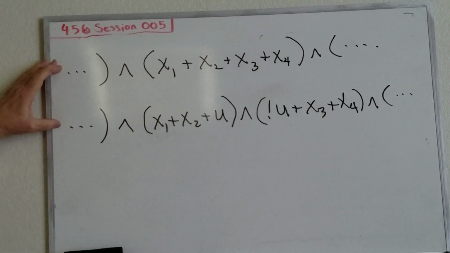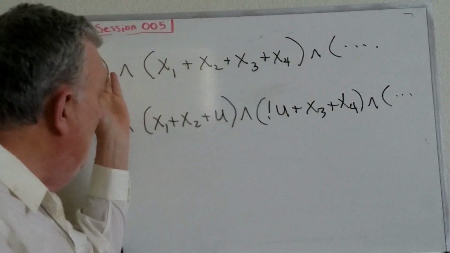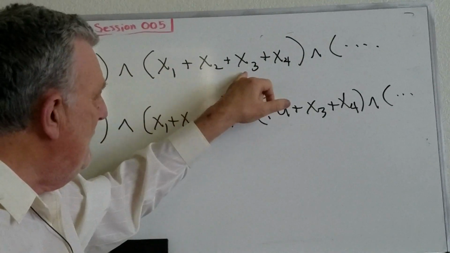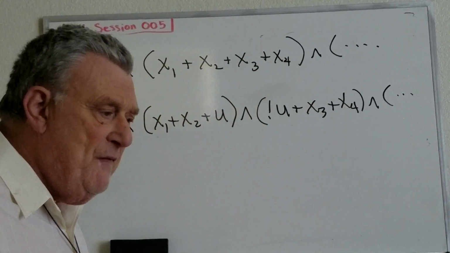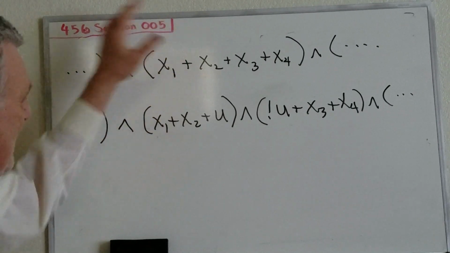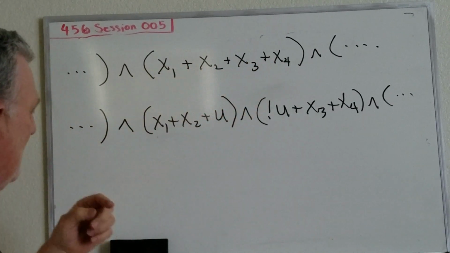Now, let's assume that these are okay here, and we have the same thing there. So if this one is satisfiable, then at least one of the x's must have the assignment true. If this is satisfiable, there has to be a global assignment which assigns at least one of these to true.